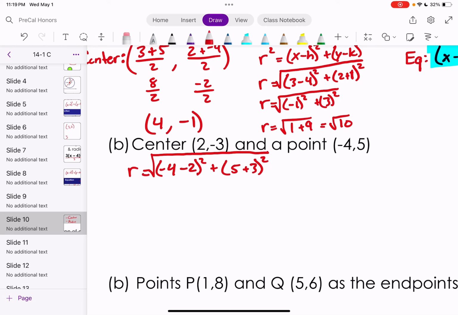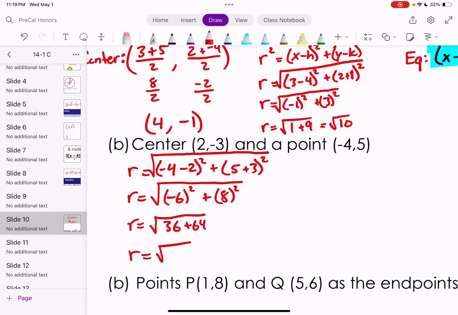This will leave you with negative 6 squared plus 8 squared. This would be the square root of 36 plus 64. Your radius is the square root of 100, which is equal to 10.